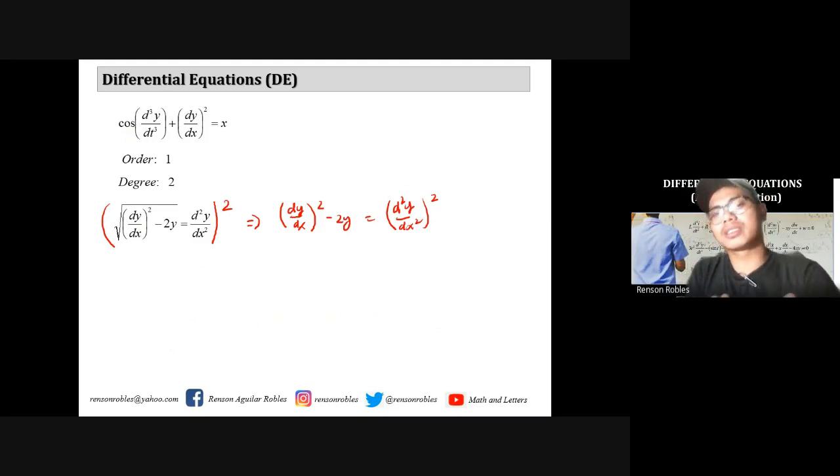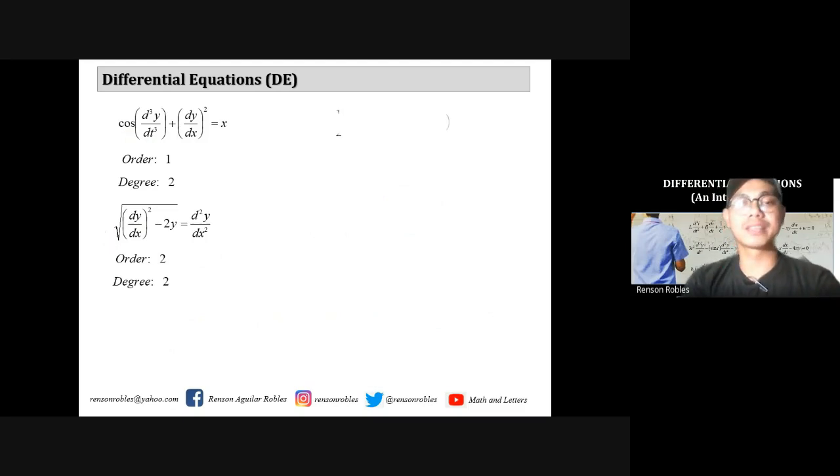When you look at the resulting differential equation, there is the presence of dy dx and d squared y dx squared, or the first derivative and the second derivative. So what is the order of this differential equation? You got it right. That's 2. It's a second order. And the degree, that is, to what power the second order derivative is raised, is equal to 2. So this is a second degree differential equation.